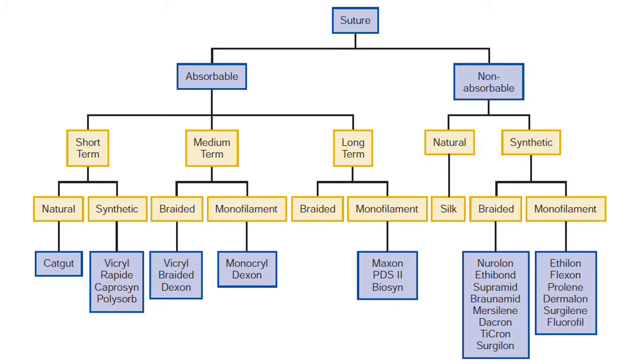Starting from the top one, absorbable on the left side, you have short term, medium term, or long term, meaning it's just a matter of days or weeks or months until that suture is broken down by the body's immune system, and that could be further subcategorized into whether it is natural or synthetic, and whether it is braided or monofilament in terms of the surface.